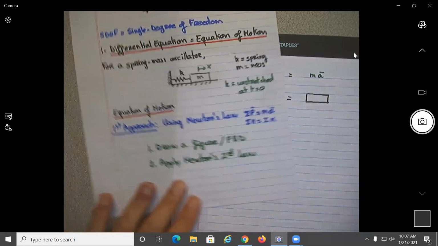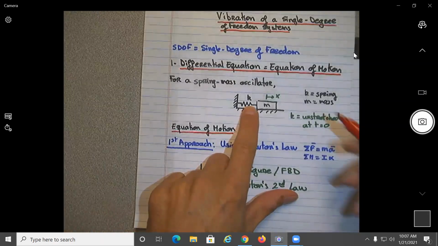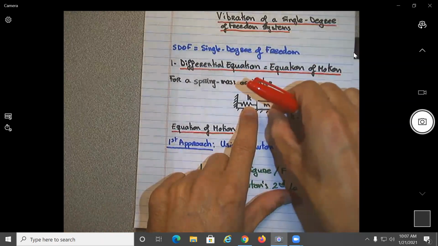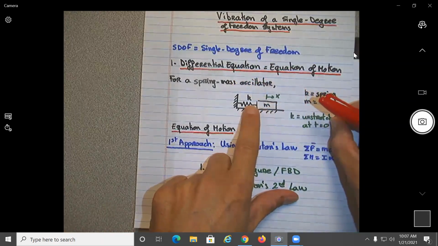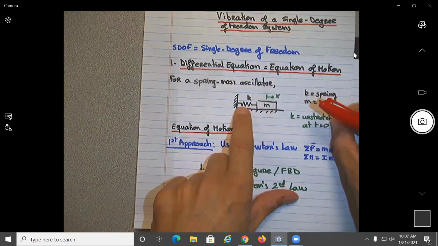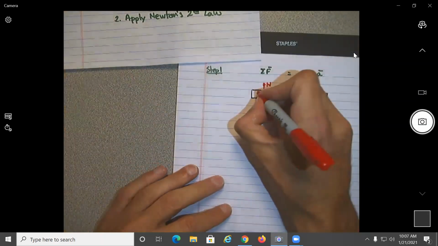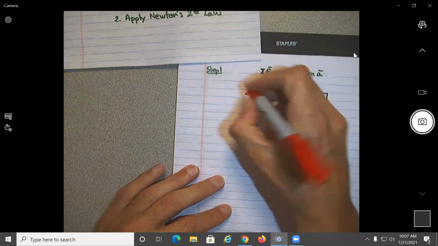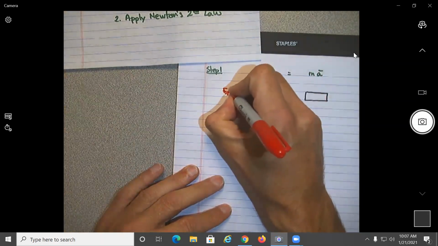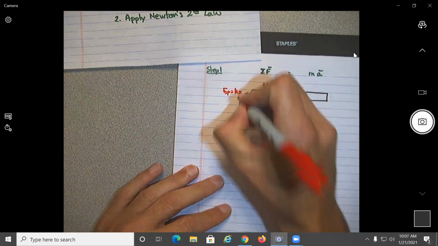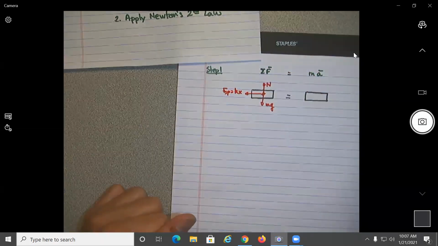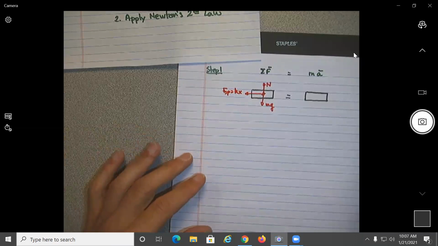And then what will you have? Let's say initially we move the mass to the right. So what will happen? The spring will create a force going to the left. So we'll have the force of the spring equal to kx. And we assume no friction.